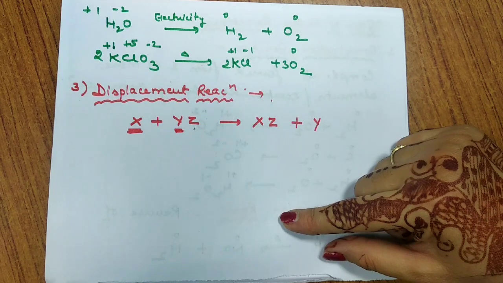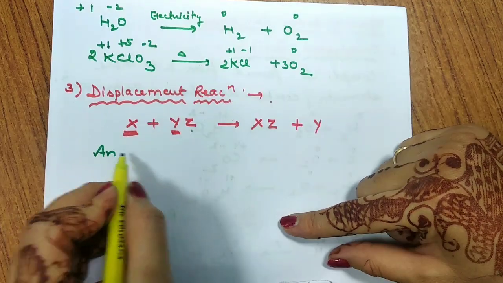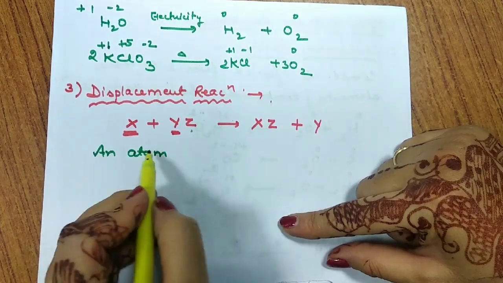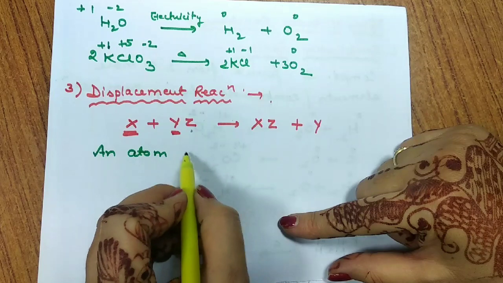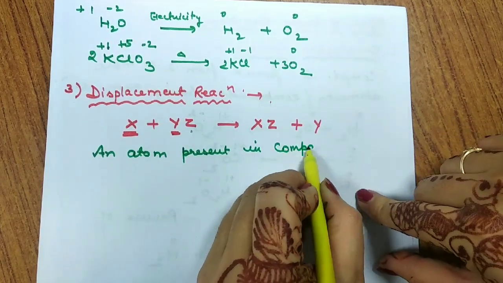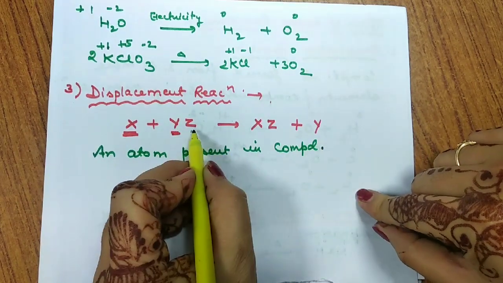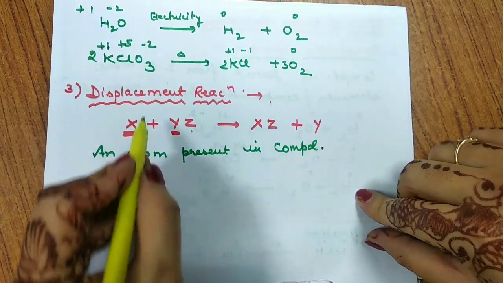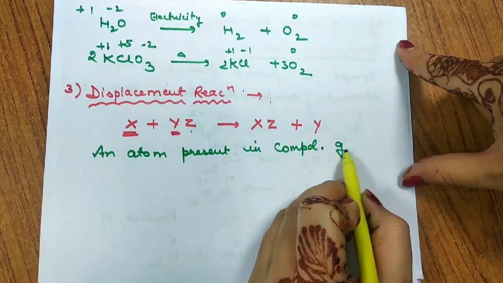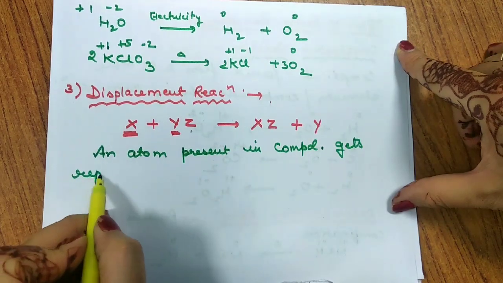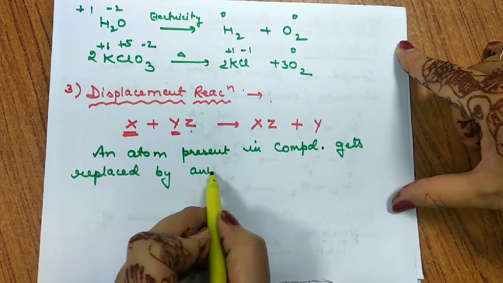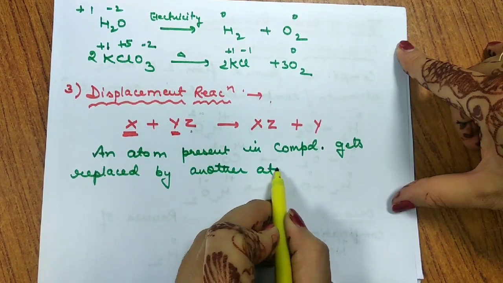And Y, in this case, is an atom, or some ion or species, which is present in a compound. Present in a compound means already bonded with some other species, like Y bonded with Z. So an atom present in a compound gets replaced by another atom or ion or species.